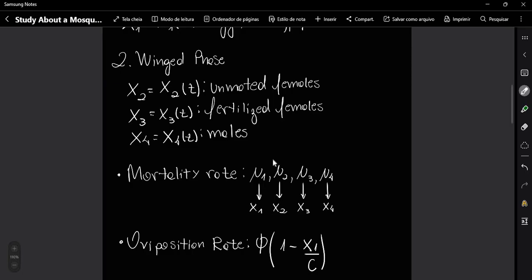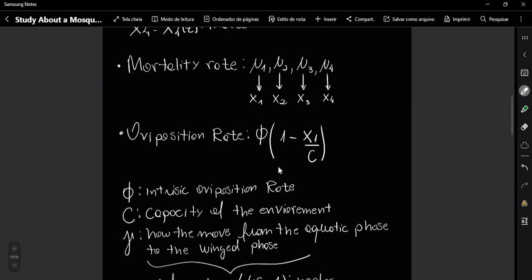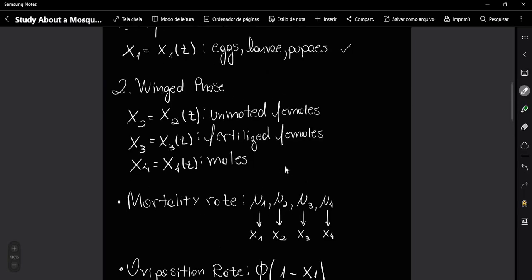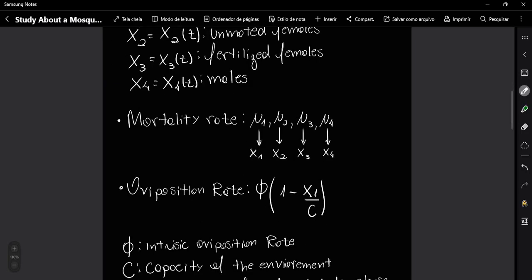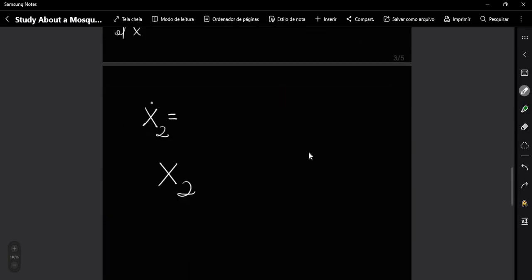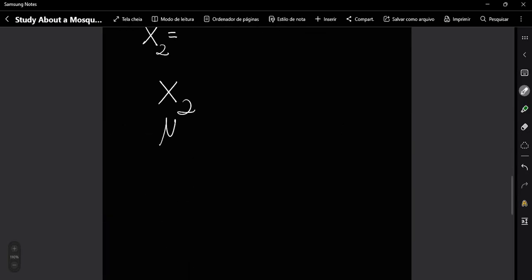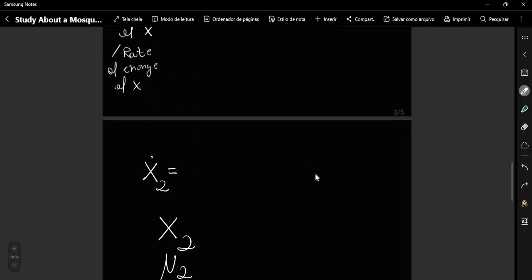They can be fertilized, but they did not mate. What else? We need to relate all the variables and rates. Mu2 is also related, it is the mortality rate of this second stage.